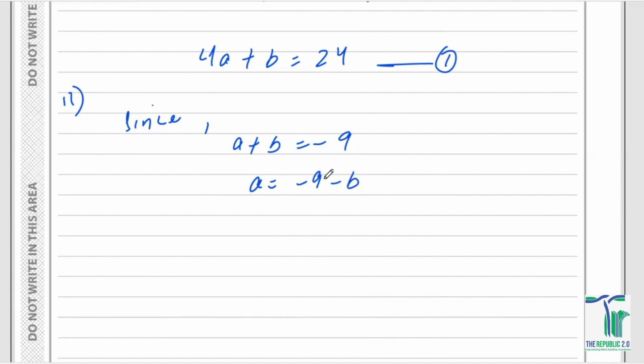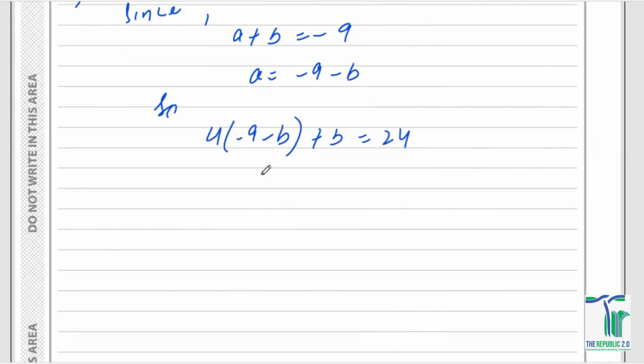I'm just going to replug that value in equation number 1. So 4 times a would be negative 9 minus b, plus b is equal to 24. I'm just going to solve it down now. So 4 times negative 9 is negative 36, minus 4b plus b equals 24.